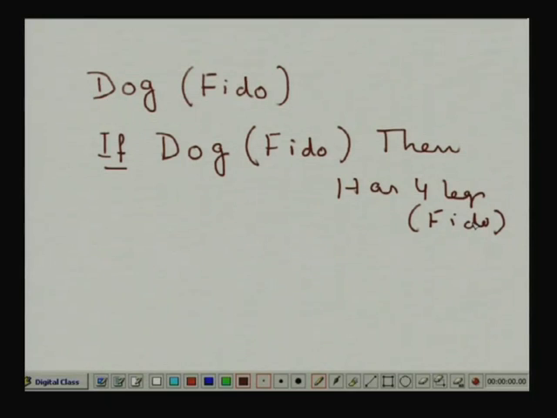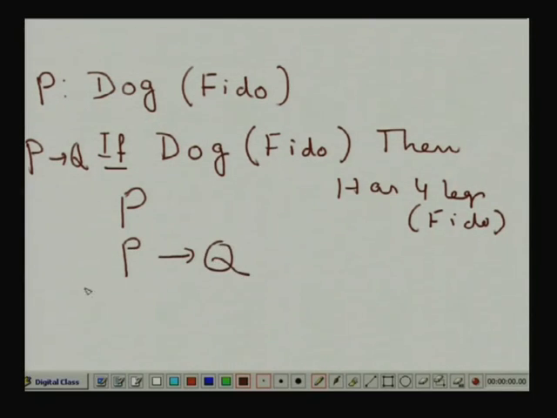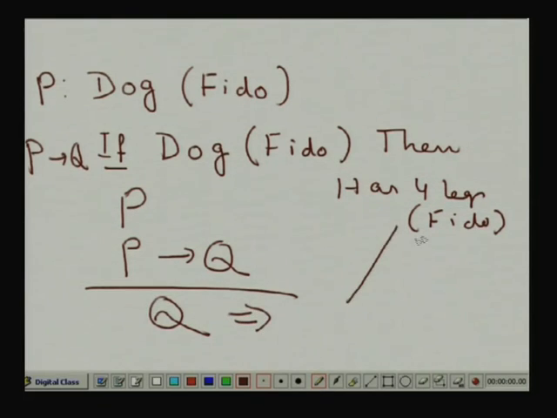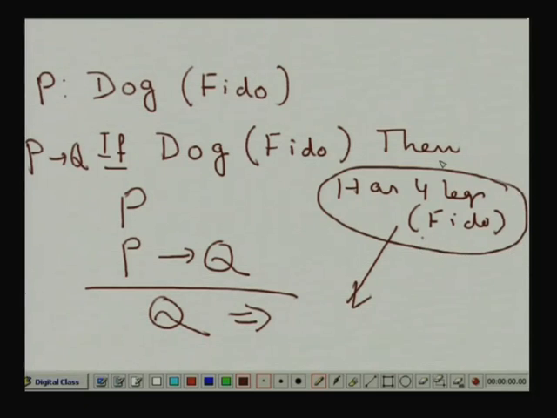If I say this is P and this is P implies Q, then according to modus ponens, if you recall, we would have inferred Q, and Q is nothing but Fido has 4 legs.